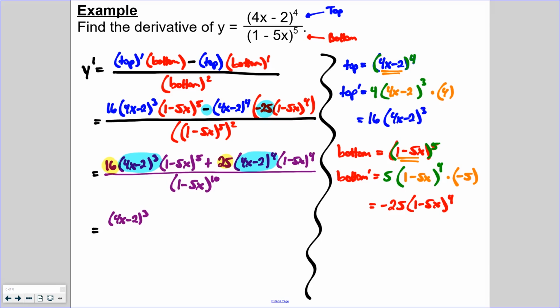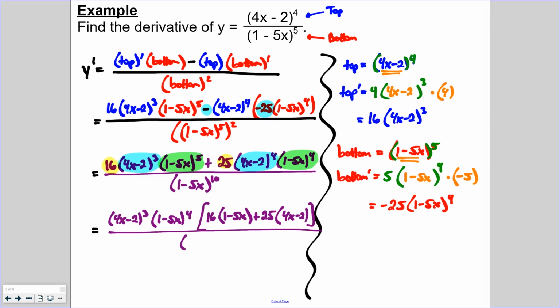And then moving on to the 1 minus 5x to the 5th and the 1 minus 5x to the 4th, they both have a 1 minus 5x to the 4th in them. Which means we're going to be left with, let's see, we didn't move anything with the 16. We took the 4x minus 2 cubed out, and then we took 4 of the 1 minus 5x out, leaving us with 1 minus 5x, plus then 25 times 4x minus 2. And that is all over 1 minus 5x to the 10th.